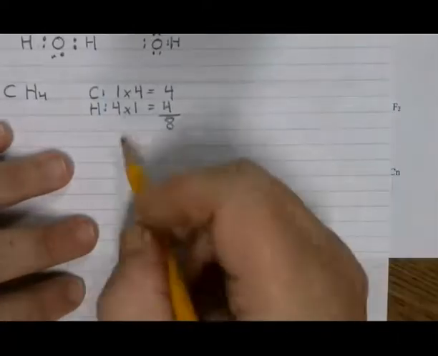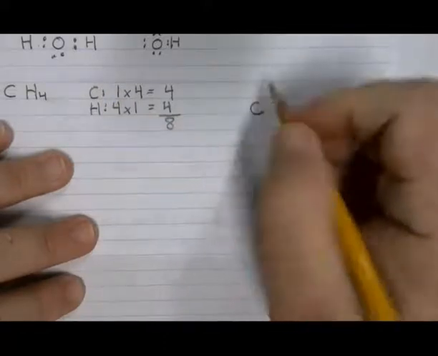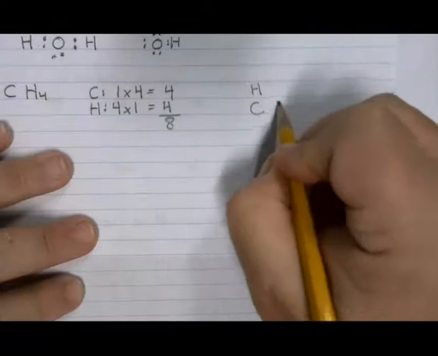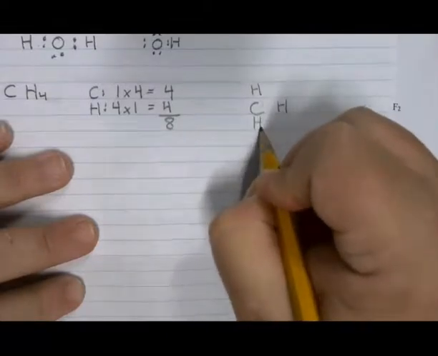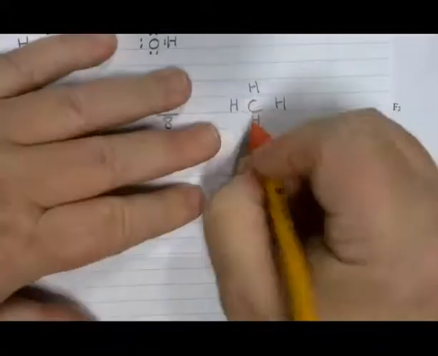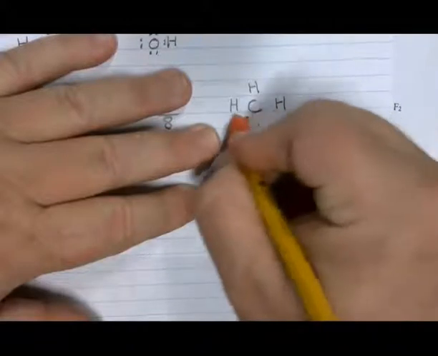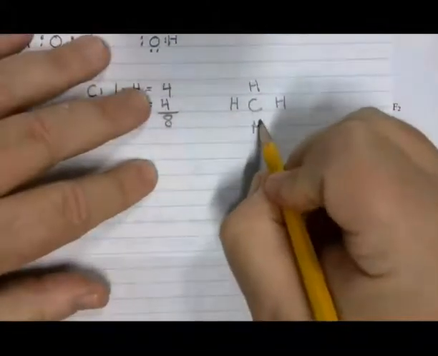Okay, we'll come over here. Well, CH4, again, hydrogen has to be on the outside, so we're going to just draw this symmetrically. We're going to put an H on each side. All right, and I should put space in between the letters so that you can place the electrons.